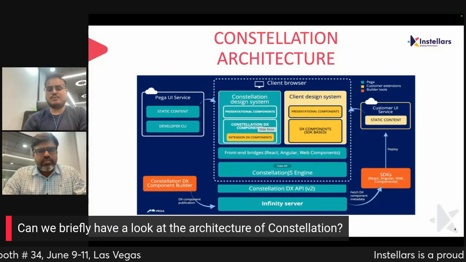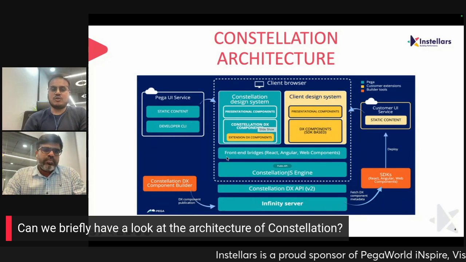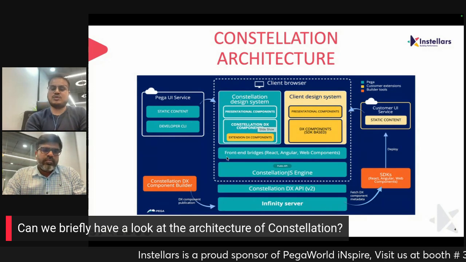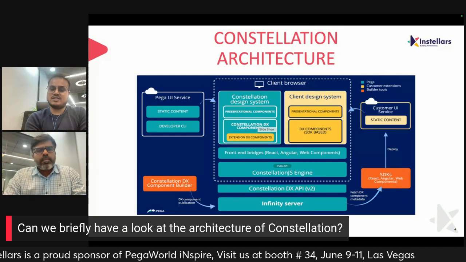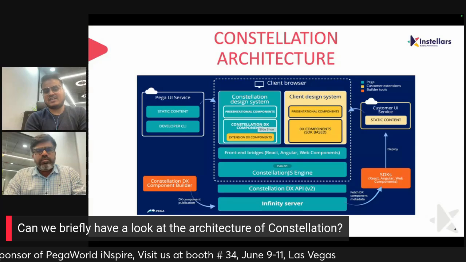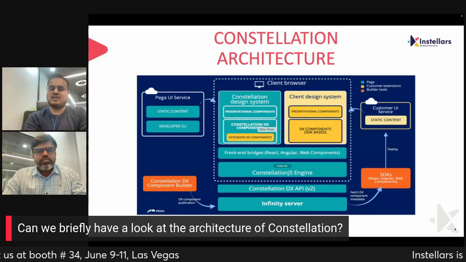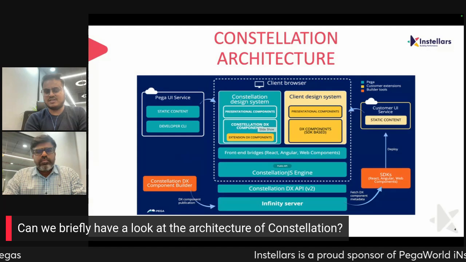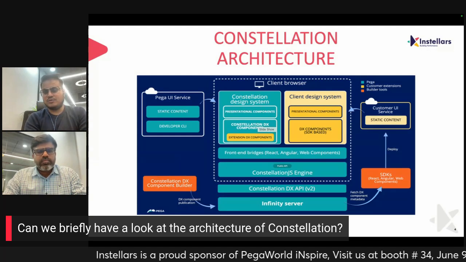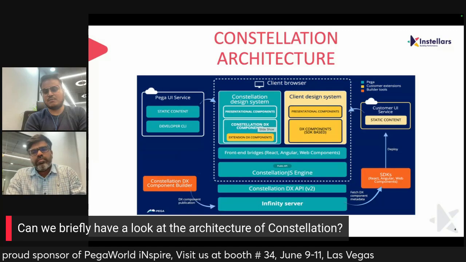Both of these are rendered on top of a Constellation JS engine. How does the Constellation JS engine work? Once you deploy all the UI-related stuff on the browser, the Constellation JS engine interacts with the UI service provided by Pega and renders all the components in your browser. The UI service and Constellation engine are responsible for rendering all the UI modifications, be it Pega-based components or your custom components.